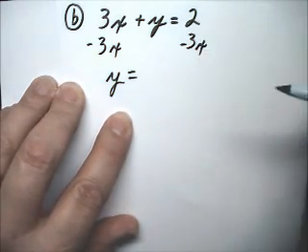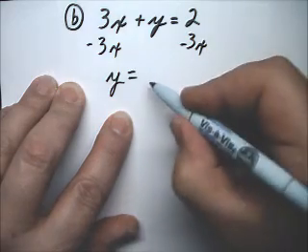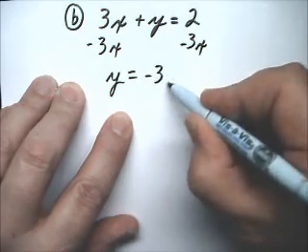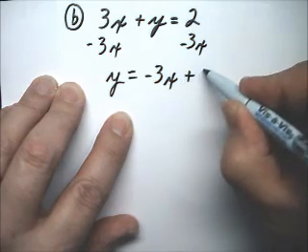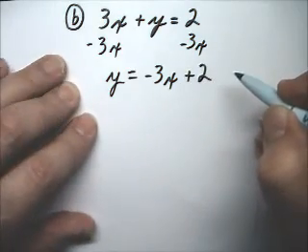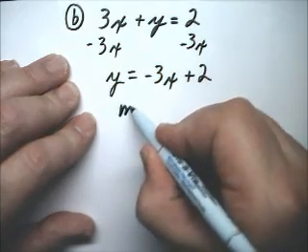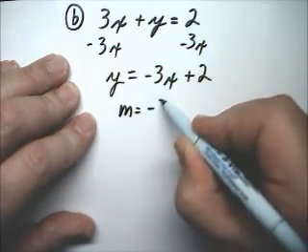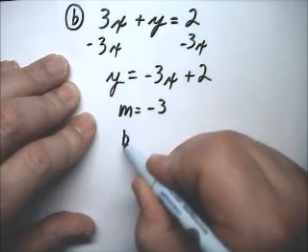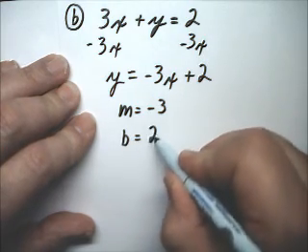These are not like terms, of course. I can't add those together. So I end up with minus 3x plus 2. Now that it is in slope-intercept form, m is equal to negative 3. b, the y-intercept, is equal to 2.